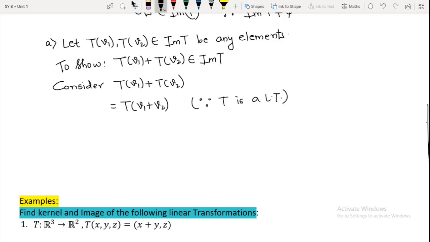Now we have shown that this T of V1 plus V2 is of the form T of some element. Now the question is, is it an element of V?